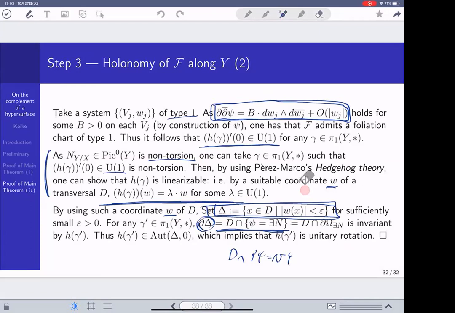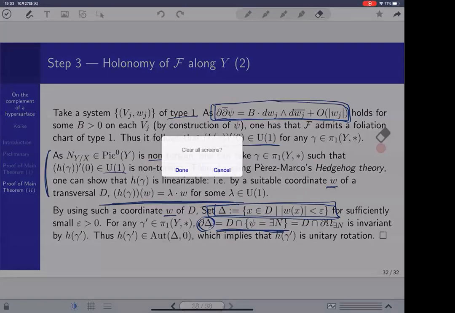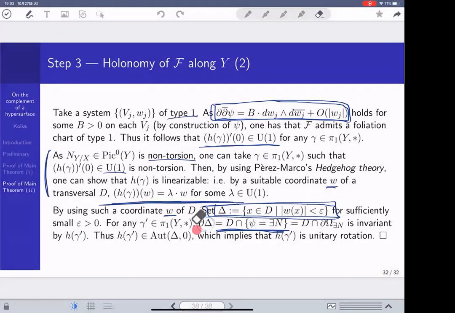I will not explain the details, but by considering the relation between the orbit of the holonomy and Levi foliations, it is easily shown that the boundary of delta is equal to d intersection Levi flat.